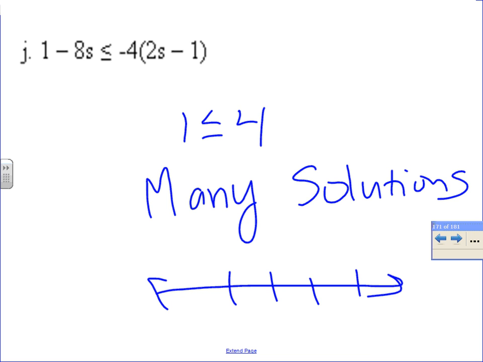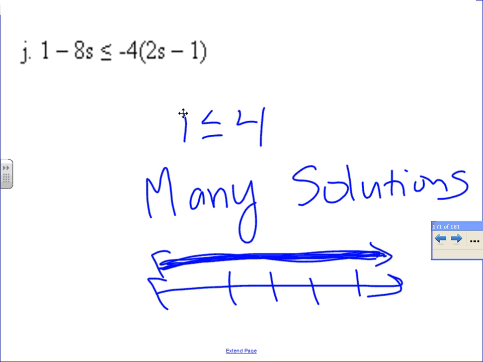You don't remember? Or take a guess, I should say. Charles? Yep. So if it's many solutions, I want you guys to jot this down in your notes because this is kind of different. Makes you think a little bit. If there's many solutions, you color in the entire number line.